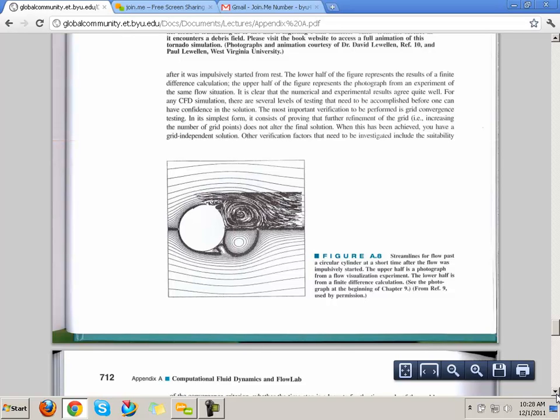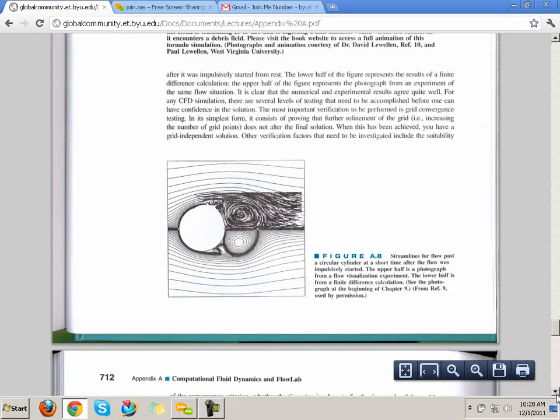So that's basically it. I'm just going to read the summary because it sums everything up. It says, in CFD, there are many different numerical schemes, grid techniques, etc. They all have their advantages and disadvantages. A great deal of care must be used in obtaining approximate numerical solutions to the governing equations of the fluid motion. The process is not as simple as the often heard, just let the computer do it.